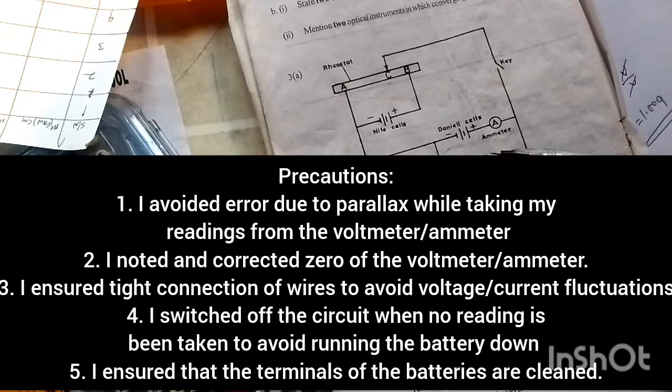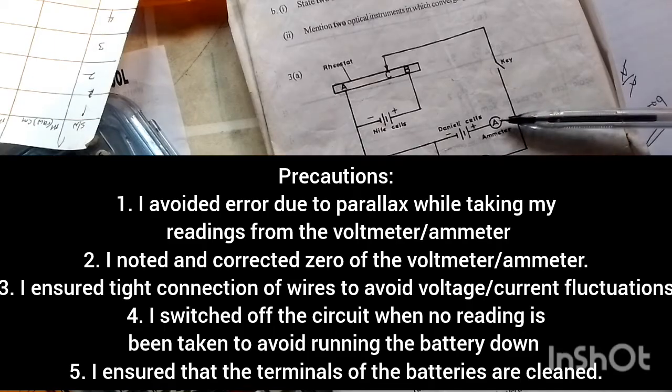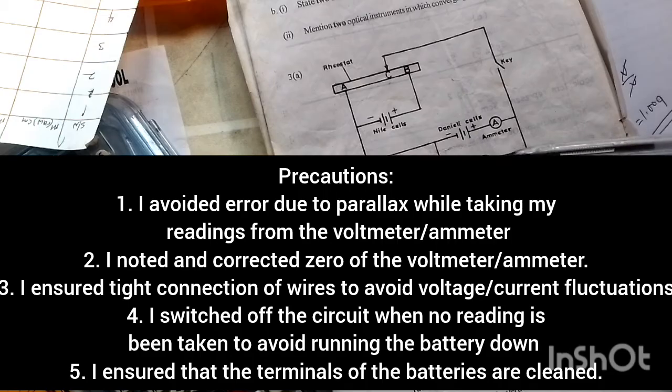So you can put it, I ensured tight connection of wires to avoid voltage fluctuation or current fluctuation. You can repeat the two and differentiate by saying, I ensure tight connection of wires to avoid current fluctuation, or you can say I ensure the tight connection of wires to avoid voltage fluctuation.